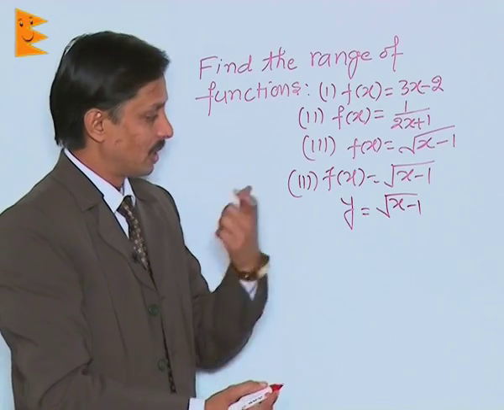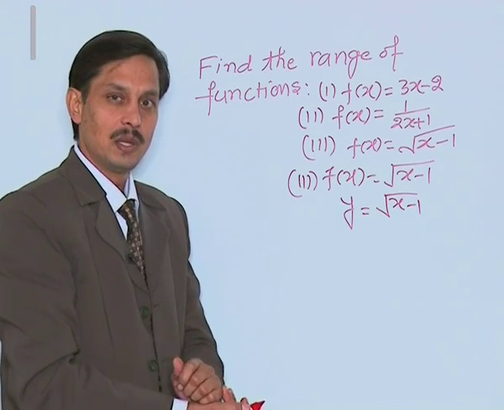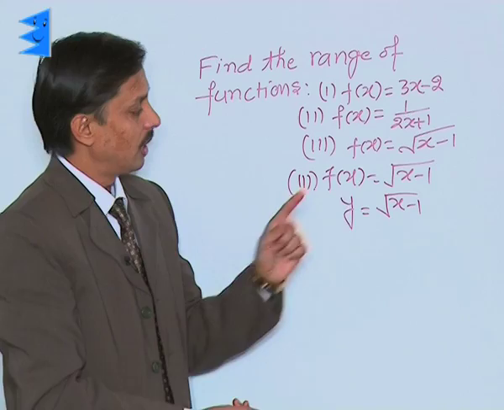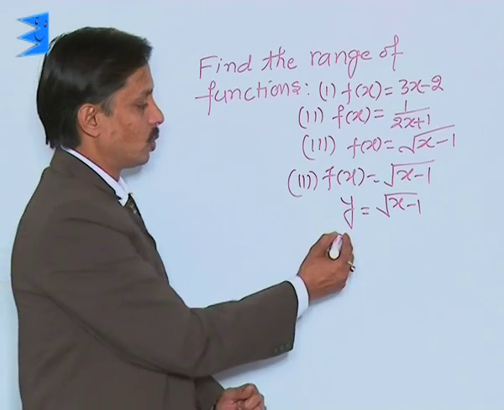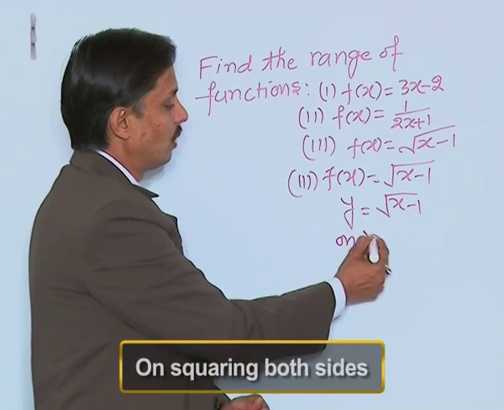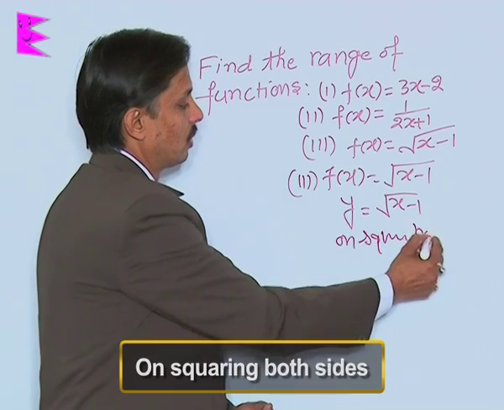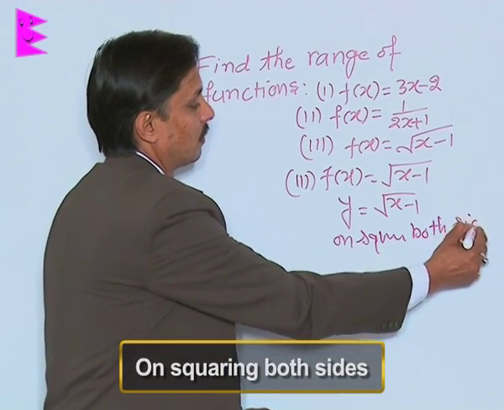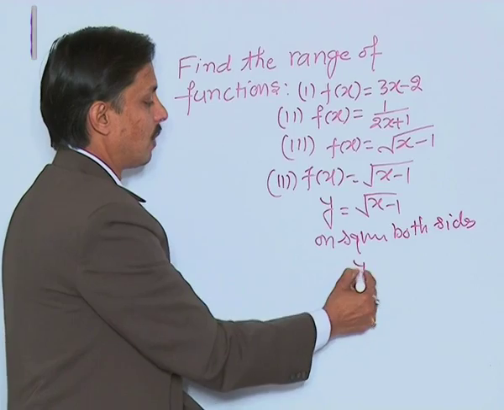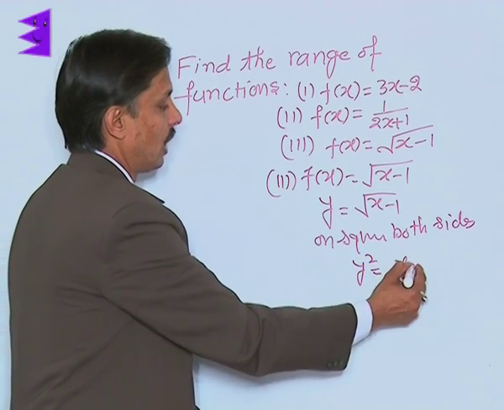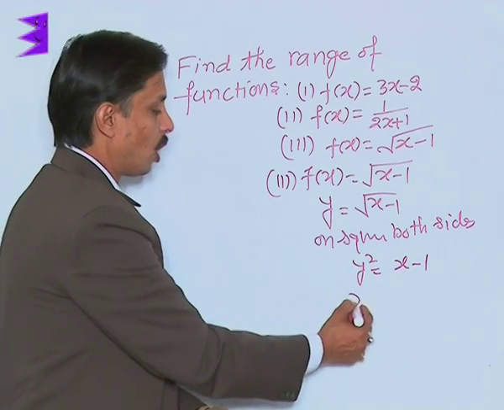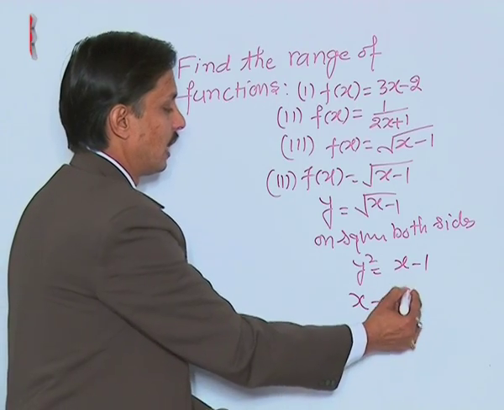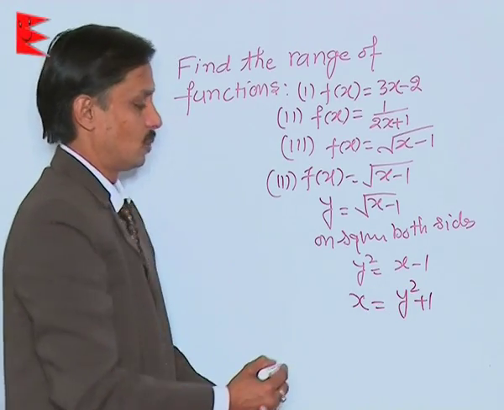Now with some mathematical operations, we would like to express x in terms of y. So I will write here, on squaring both sides, the result becomes y squared is equal to x minus 1, or simply can be written as x is equal to y squared plus 1.